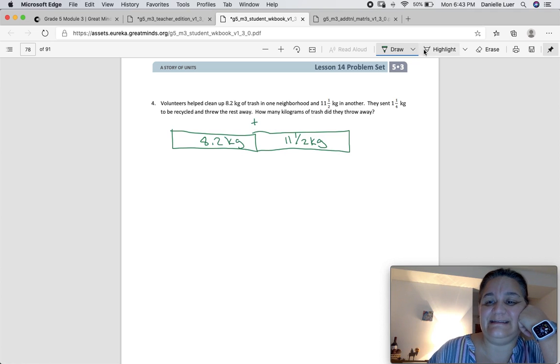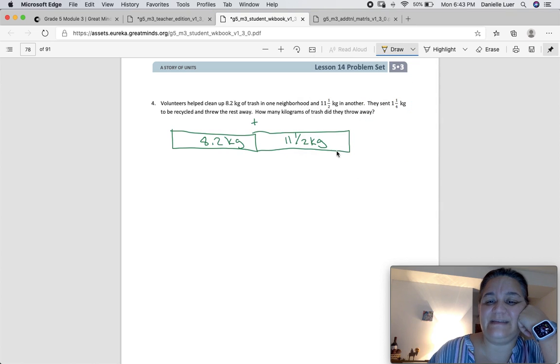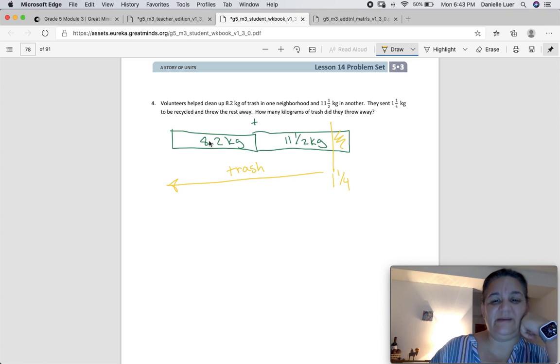Then they sent, change colors, then they sent 1 1/4, like that much, 1 1/4 to be recycled, and then the rest they threw away. That was the trash. So, do you see what we need to do here? We need to add these numbers.